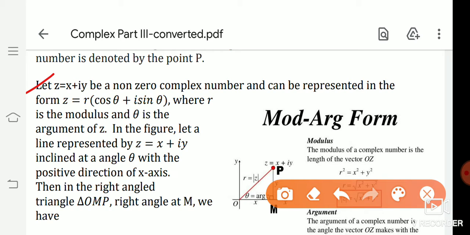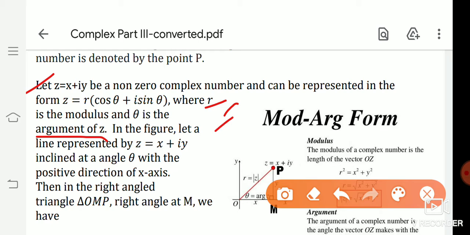As we already know from our previous video and the previous concept of complex numbers, z equals r (cos theta plus i sin theta) we can represent, where r is the modulus of the complex number z, and theta is the argument of z. I am saying that the angle formed is theta, and theta is known as the argument of that complex number z.